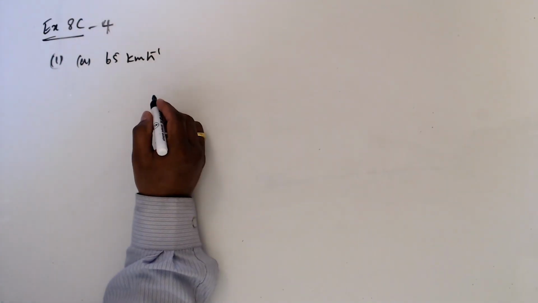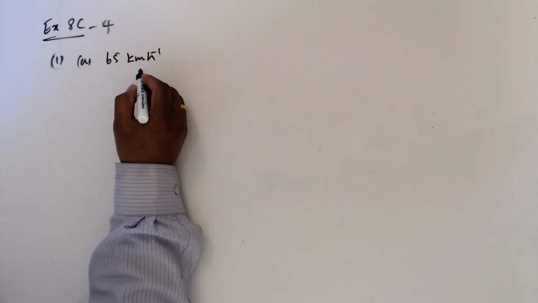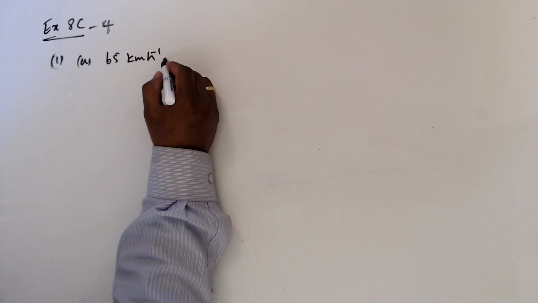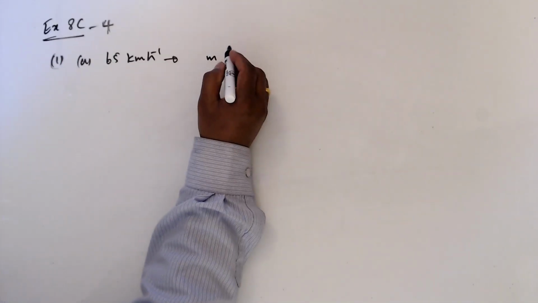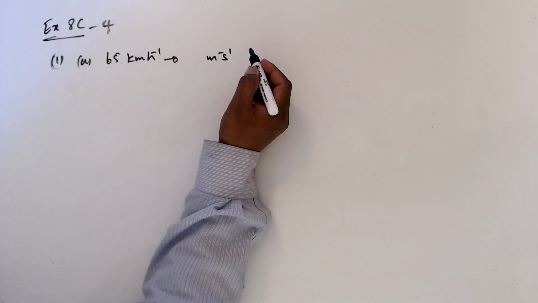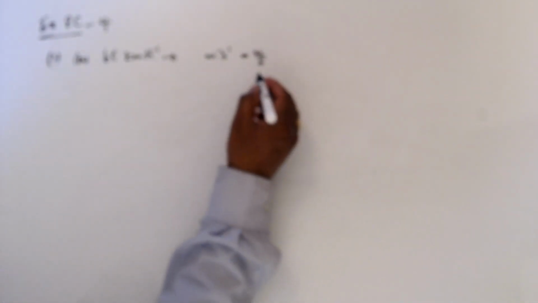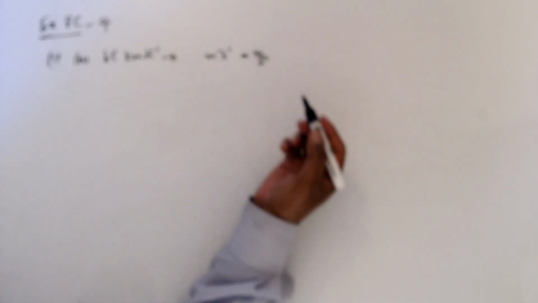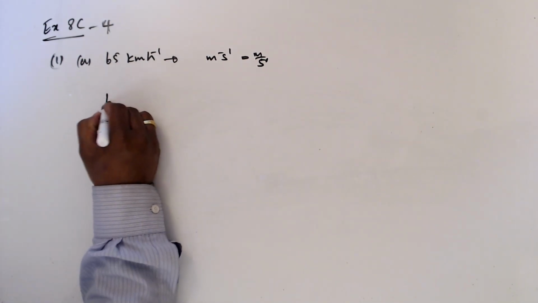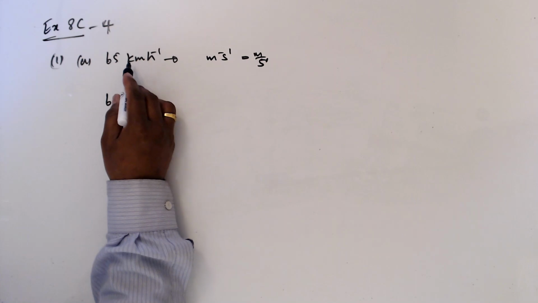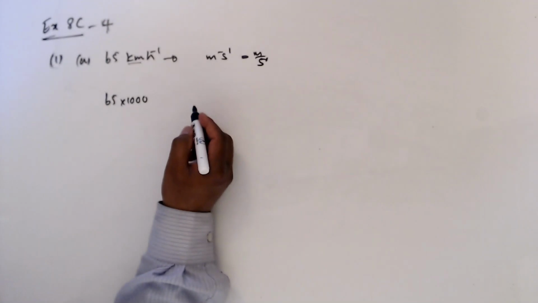So now we have to convert this 65 kilometer per hour into meter per second, or m over s, or m s to the power minus 1.